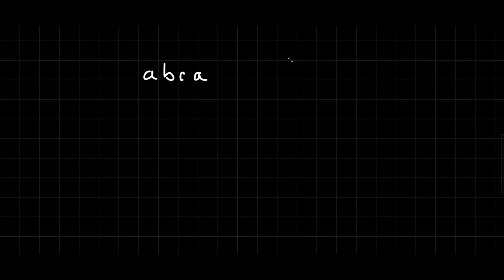Suppose, let's assume we have a string starting with A, then B, then lots of characters, then ending with A, then ending with B. Now, how can we take the optimal substring?